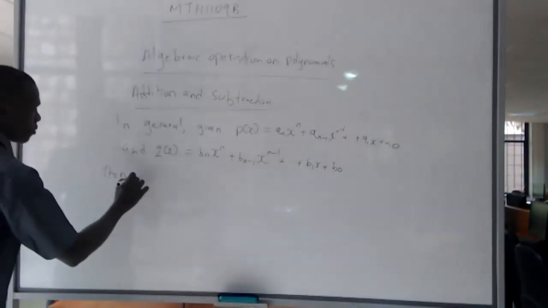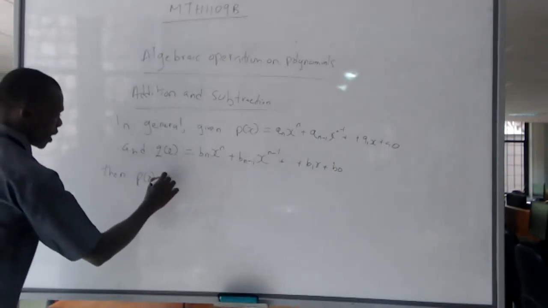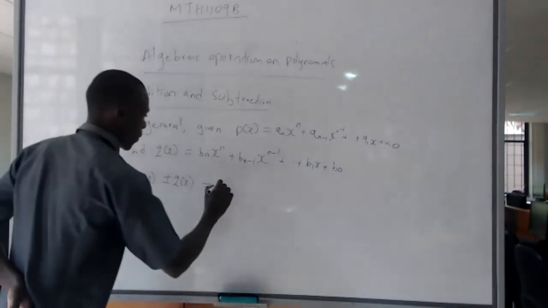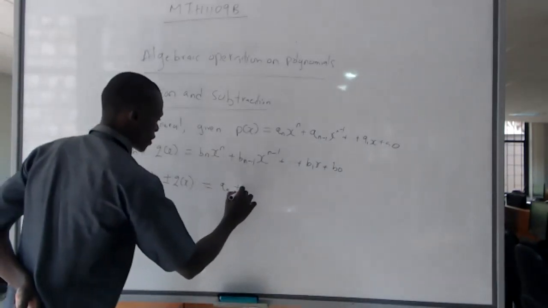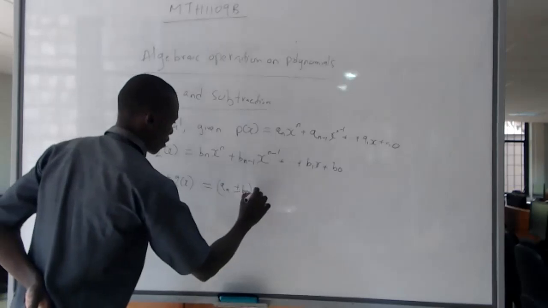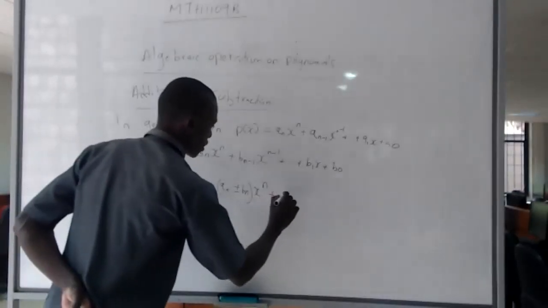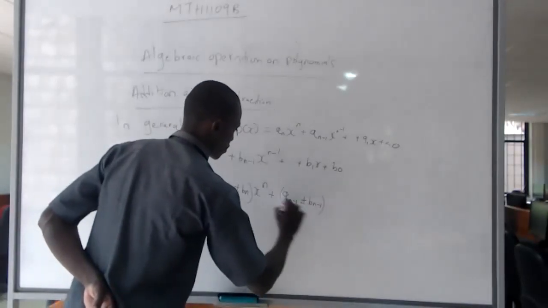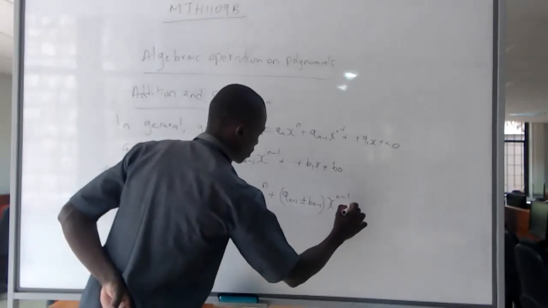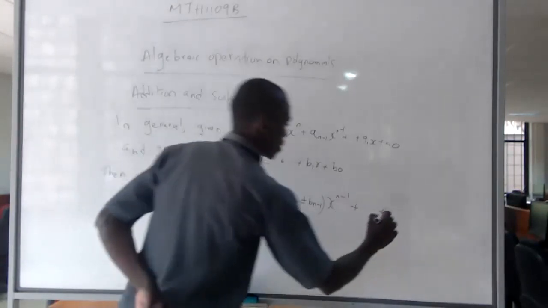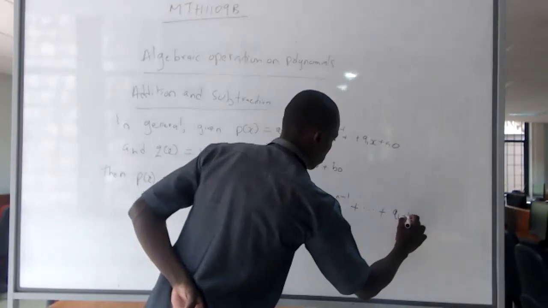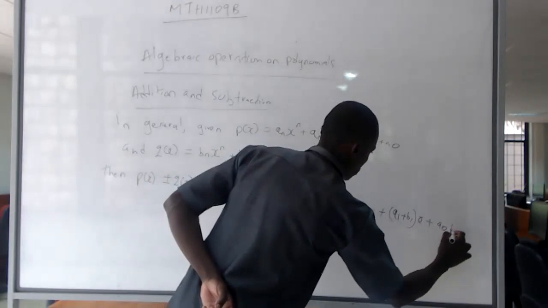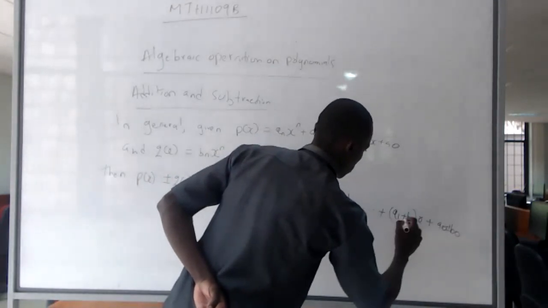Then P of x plus or minus Q of x is given by a_n plus or minus b_n x to the n plus a_{n-1} plus or minus b_{n-1} x to the n minus 1, plus a_1 plus or minus b_1 x plus a naught plus or minus b naught.